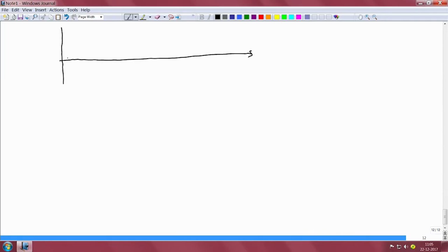Let us say it goes from 0, 1, 2, so on till L minus 1.